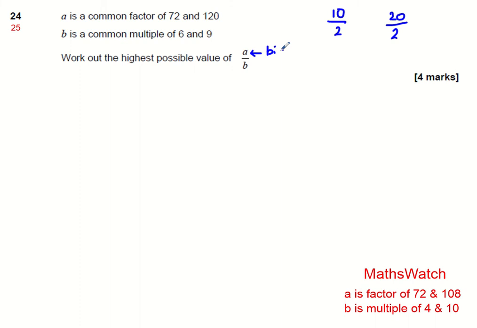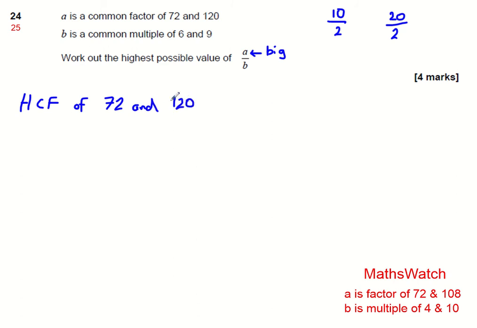We need to maximize that number to make our answer as big as possible, which means since we're talking about common factors, we need the highest common factor, often abbreviated to HCF, highest common factor of 72 and 120.